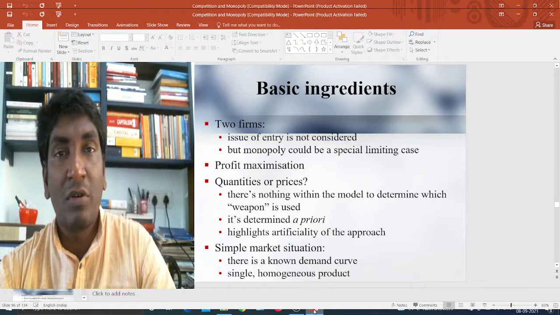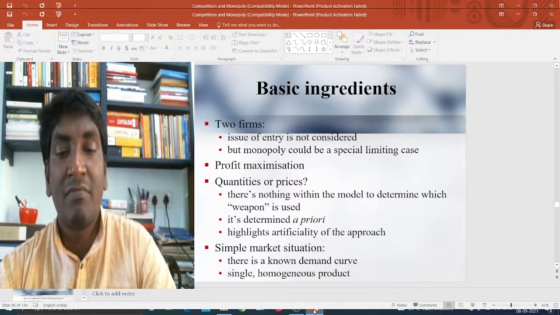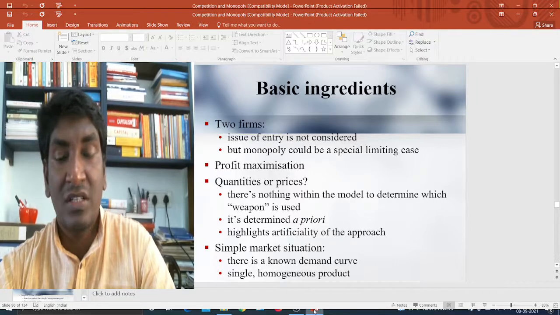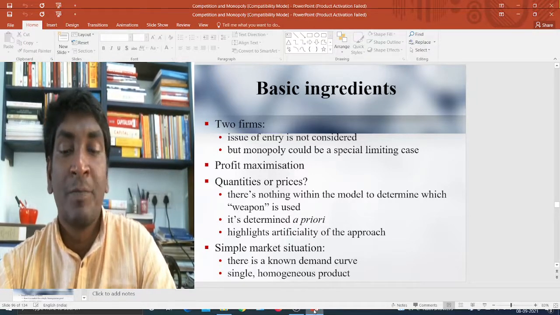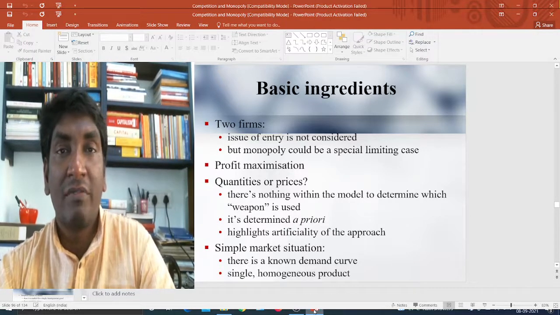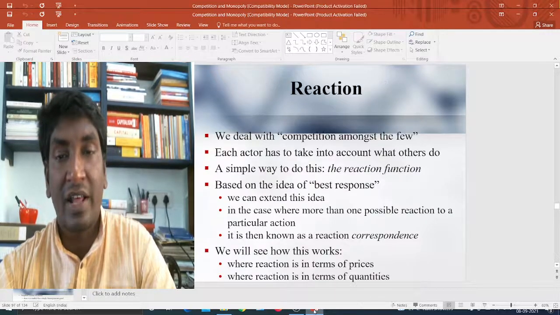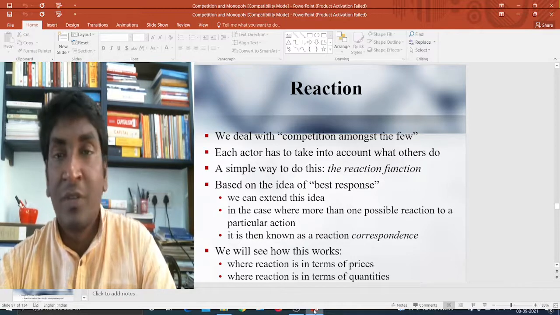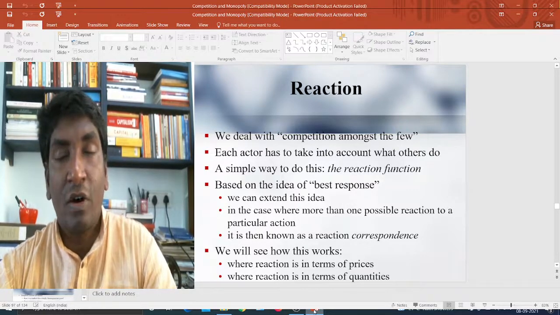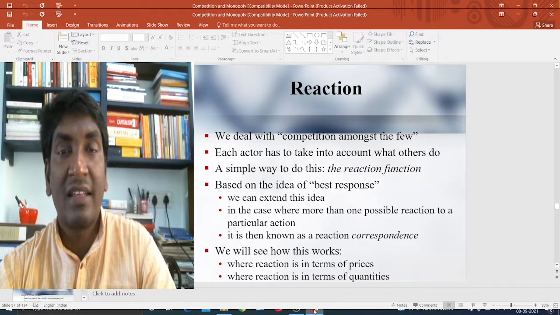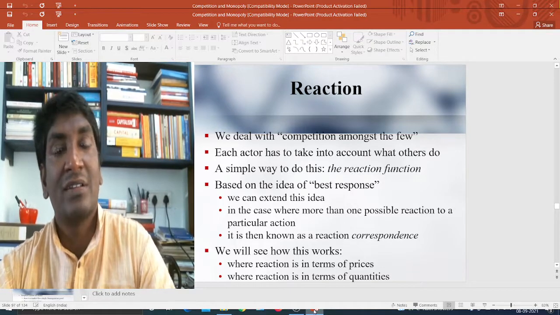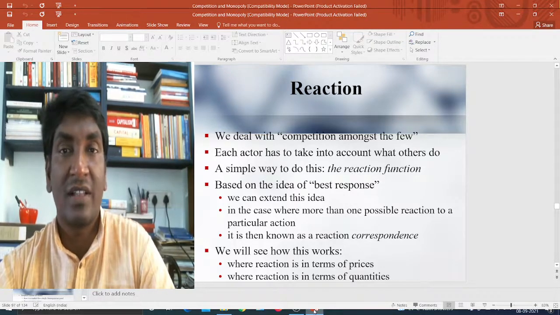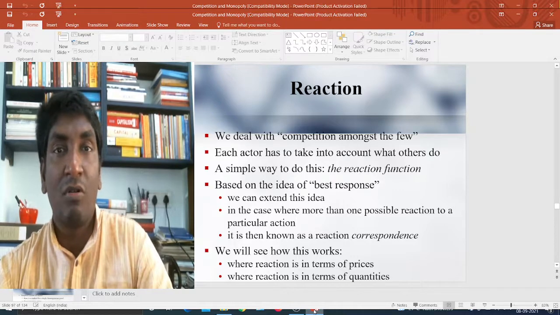The last but not the least case is the simple market situation, which I just talked about. That is, there is a known demand curve and a single homogeneous product. If this objective condition is set, then what you normally do is consider the reaction or response to that.